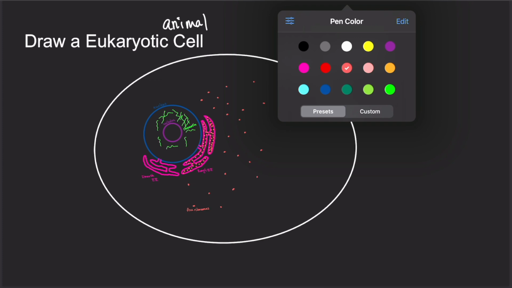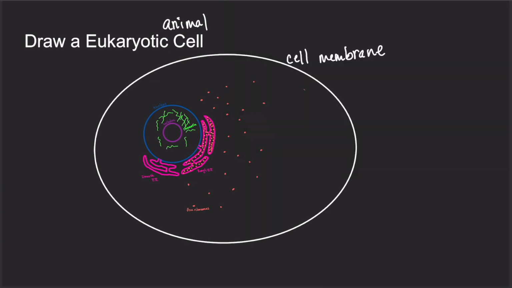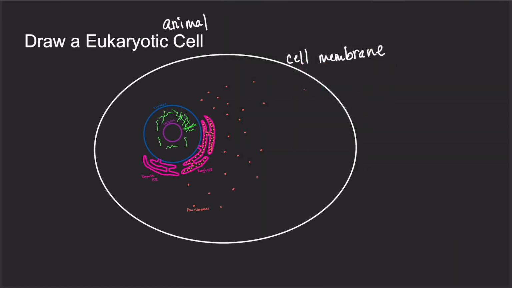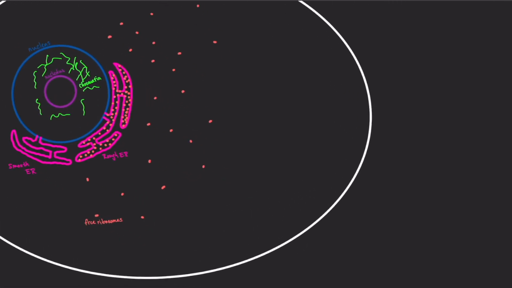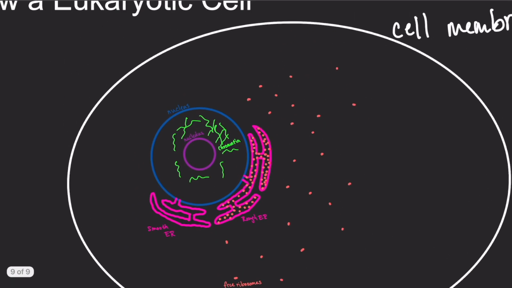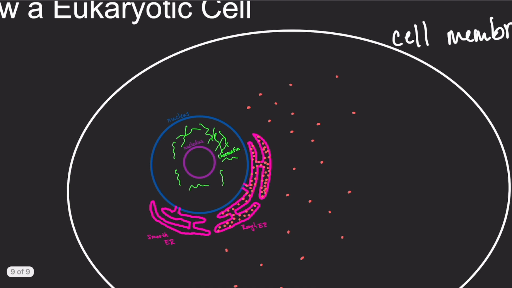What happens when something's done in the rough ER? Well, we got to send it to the Golgi apparatus. So let's draw that in red. Okay. So the Golgi apparatus looks like this. I'll put it up here.